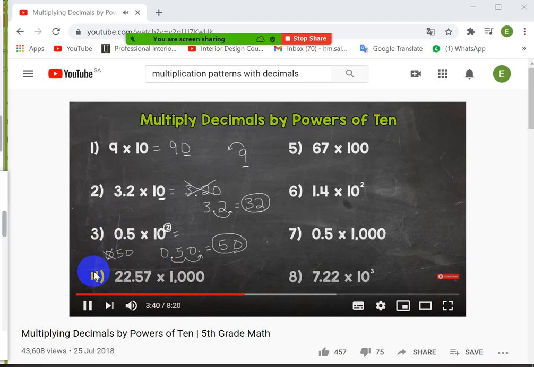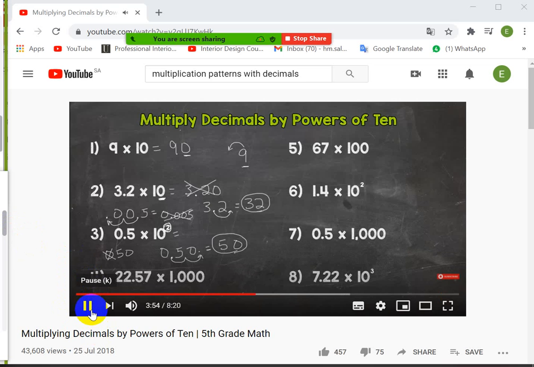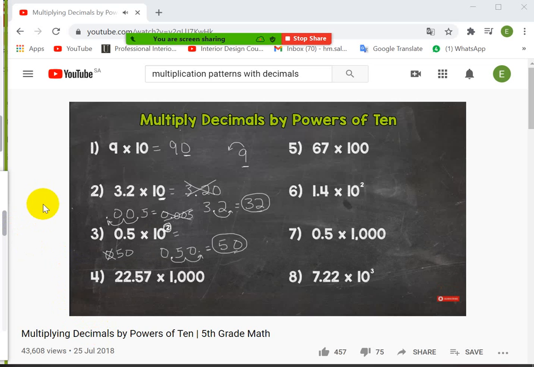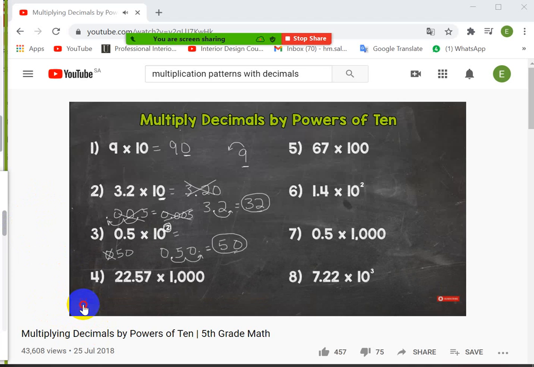If you move it twice to the left, let's try number 3. Twice to the left, we are decreasing our number in value. We would get 5 thousandths, okay? We're multiplying something by 10 to the second power, or 100. So we want to increase the value, so we move the decimal twice to the right.